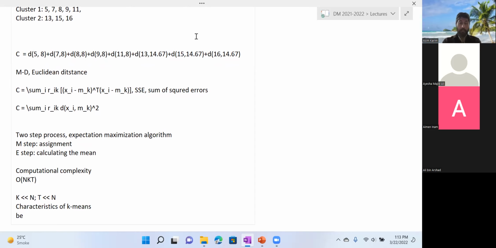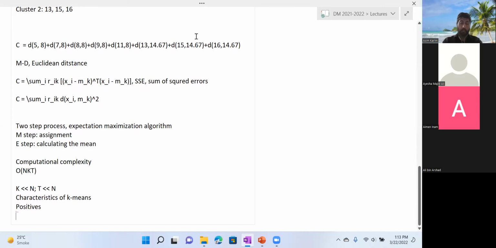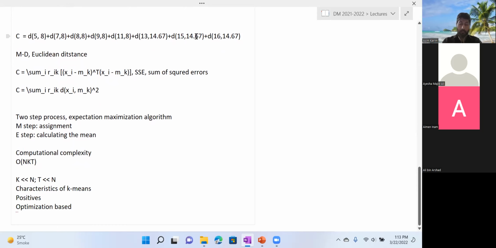So what are the positives, the benefits? Of course, it is optimization based, not heuristic. It has a criterion; the criterion is explicit.